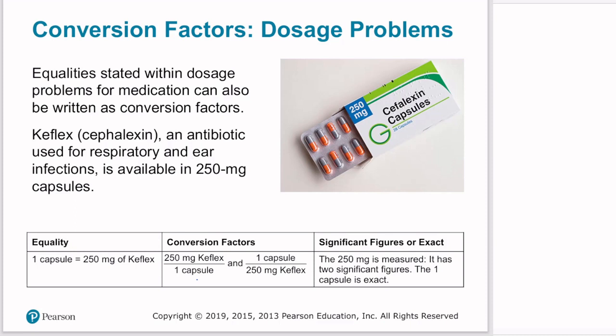Since the 250 milligrams is a measured value, it's going to have 2 significant figures and limit us to 2 significant figures in our answer. The 1 capsule is an exact number, and that 1 wouldn't limit us to 1 significant figure, but we would be limited to 2 significant figures from the 250 milligrams per capsule.